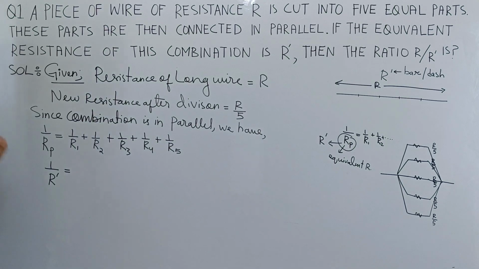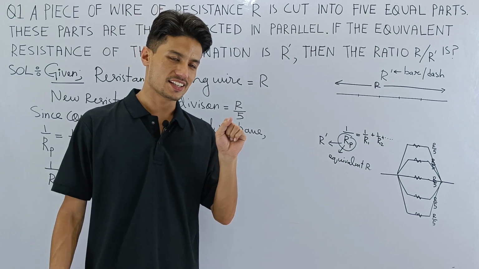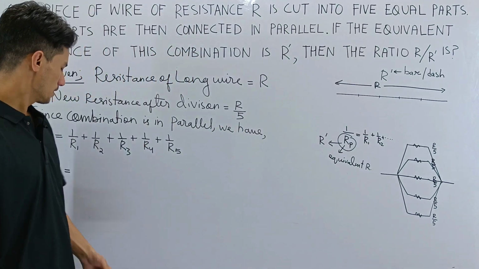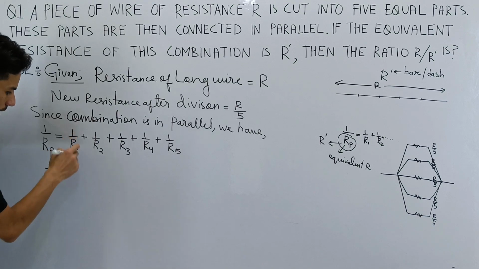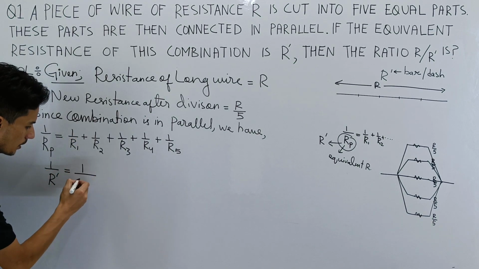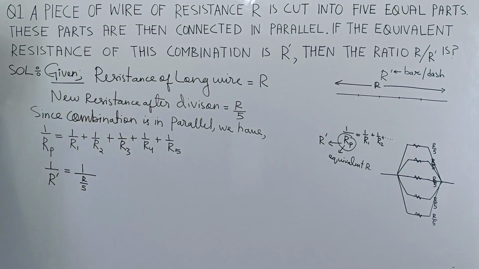Now this is the part where most of the students get confused like anything, because there is a double fraction here. So we have 1 by R1, and the R1 value is R by 5. See, this is the double fraction, is it not?